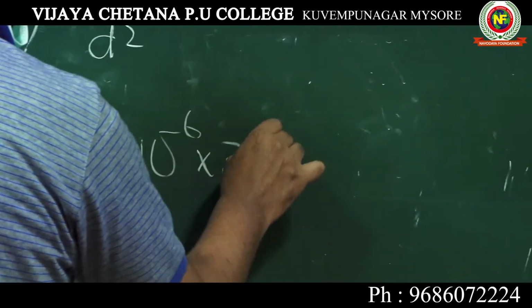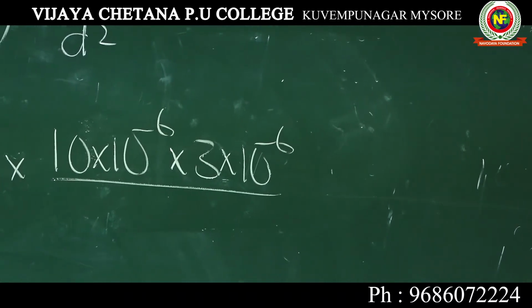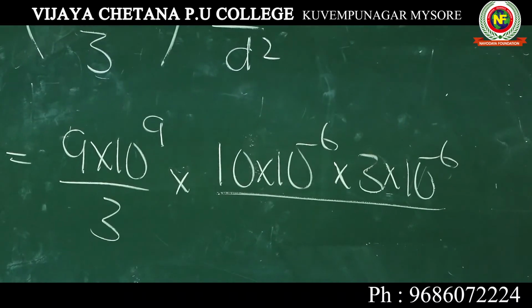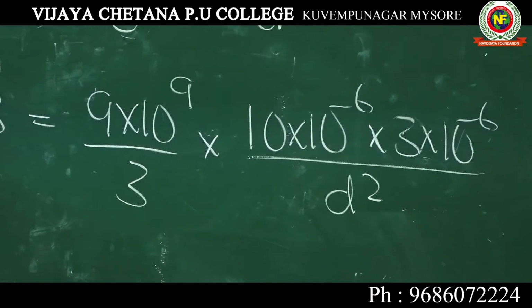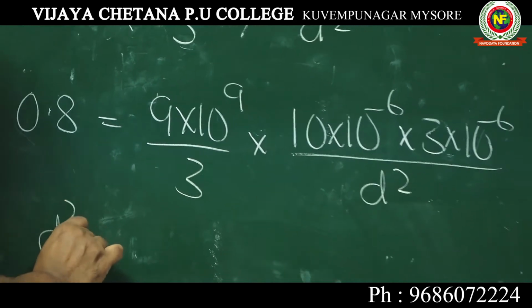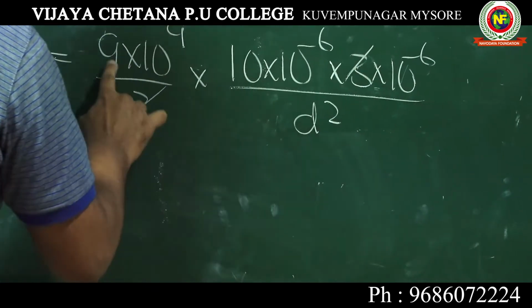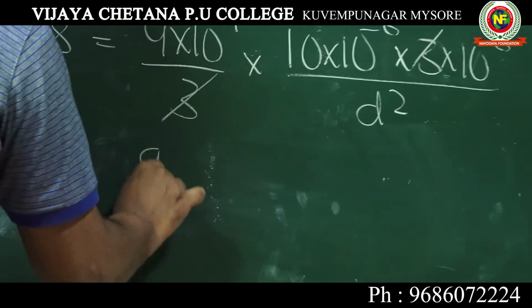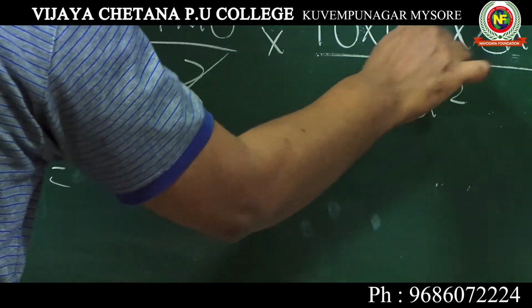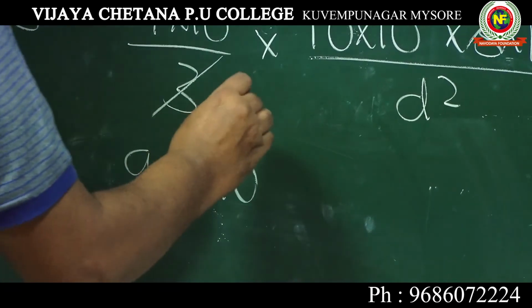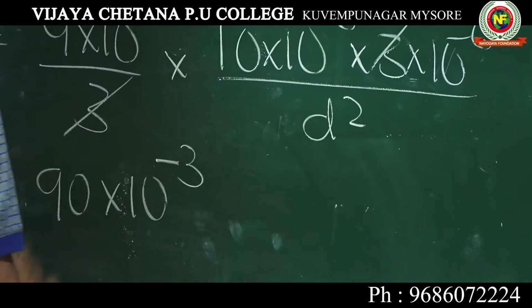In place of Q2 it is 3 microcoulomb. Therefore 3 into 10 to the power of minus 6 divided by the in-between distance, which is not known. We have to find that out. This is d square, unknown. Now let me solve for d square. D square is equal to, see here, this 3 can be cancelled with the 3. 9 into 10 is 90, into 10 to the power of 9 minus 6 minus 6. 9 minus 6 minus 6 is 9 minus 12, so minus 3 it becomes.